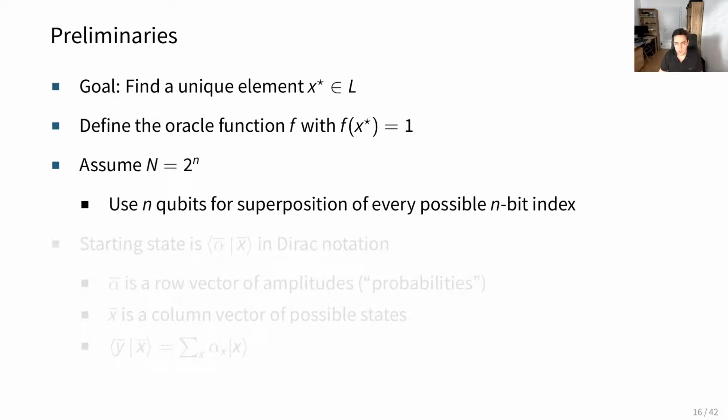But what this means is, if we have a list of 2 to the power of n elements, then if we use n qubits, the superposition of these n qubits is sufficient to denote a state vector which contains every possible n-bit index.